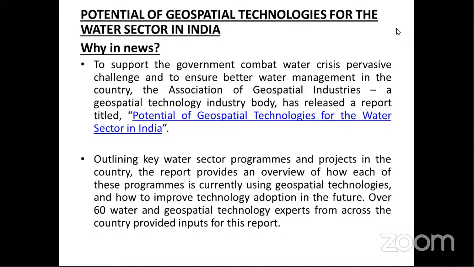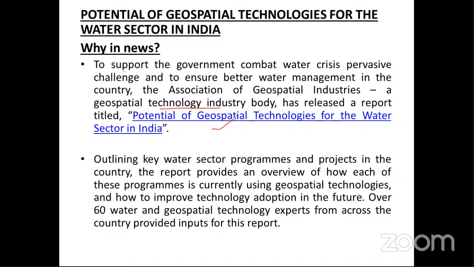So it was in the news because, to support the government in combating the pervasive water crisis and to ensure better water management in the country, the Association of Geospatial Industries, a geospatial technology industry body, has released a report titled Potential of Geospatial Technologies for the Water Sector in India.